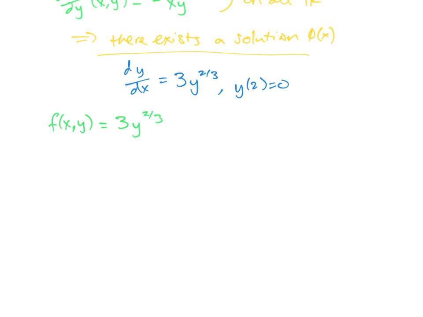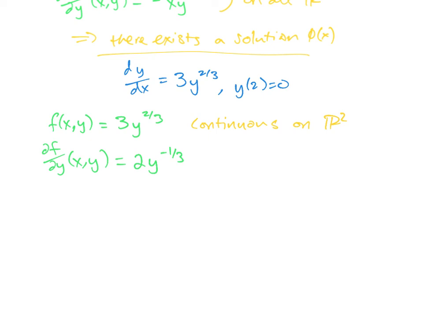And this is continuous on all of R squared. So that's fine. And now our derivative, df dy of x, y. We don't even have an x in it, so that's no problem for us. So we get 2y to the negative 1/3.